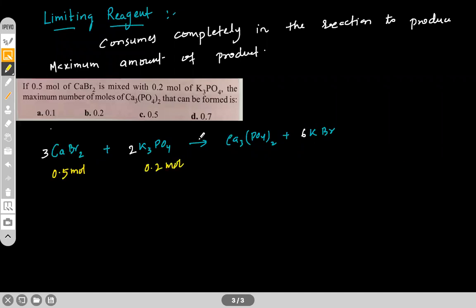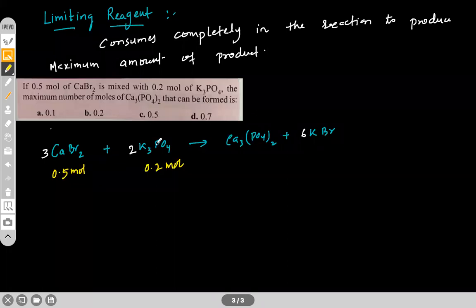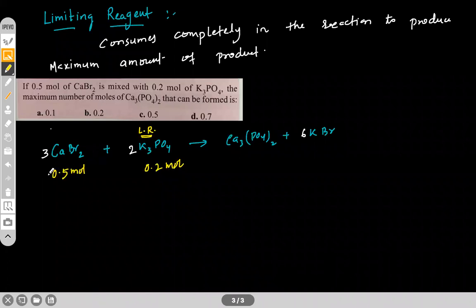We need to find out, with these many moles, how many moles of Ca3(PO4)2 are obtained. Correct? So obviously, the limiting reagent is K3PO4. We can easily find out: 0.2 by 2 is 0.1, and 0.5 by 3 is more than 0.1. So this is the limiting reagent.